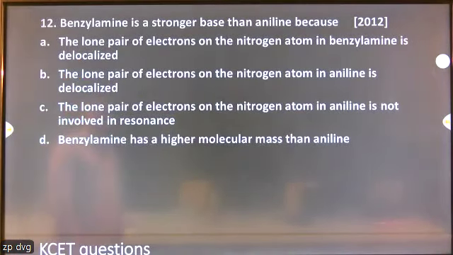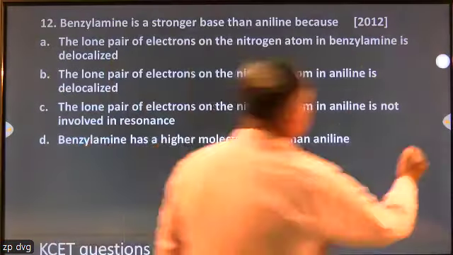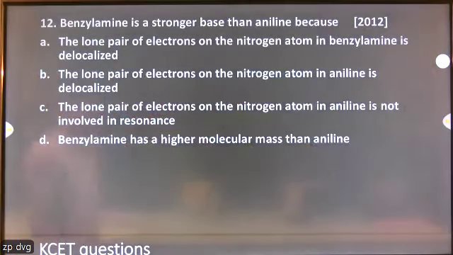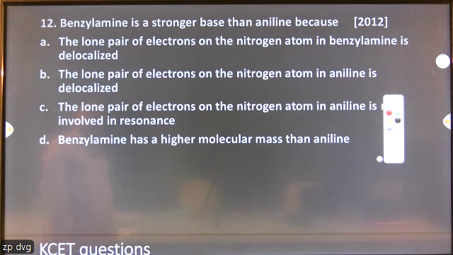Question number 12. Benzylamine is a stronger base than aniline because, four options. A, the lone pair of electrons on the nitrogen atom in benzylamine is delocalized.